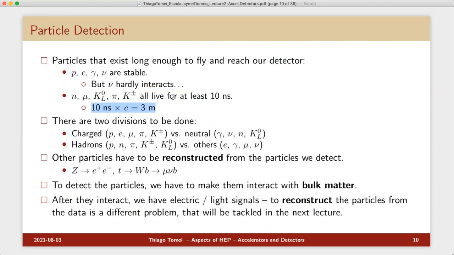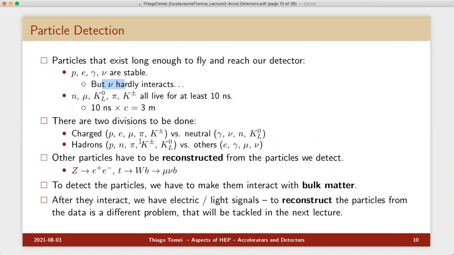And essentially, this is it. Of all the particles, either elementary or composite, that we know, we only detect 4 plus 5, 10 if you take the 2 states here. But the neutrino hardly interacts, so we only detect 9 of them. So it's a tough call.